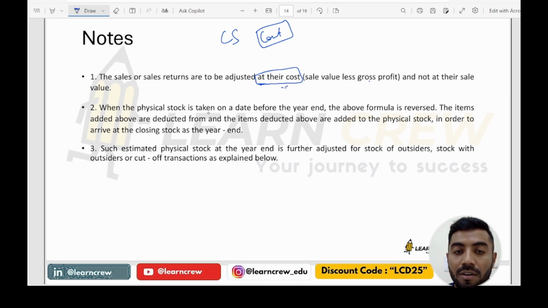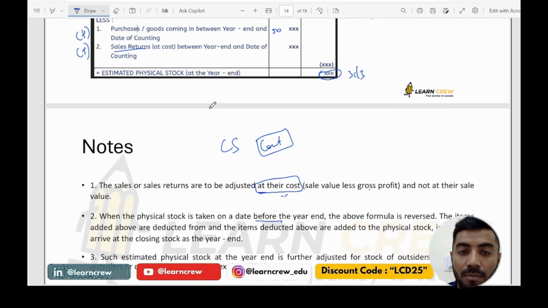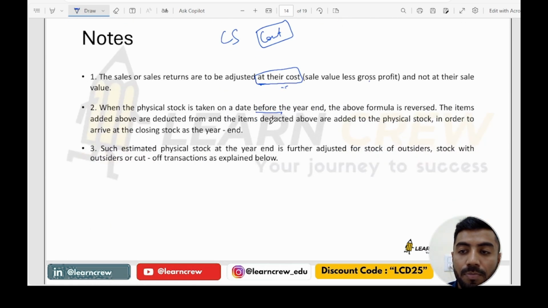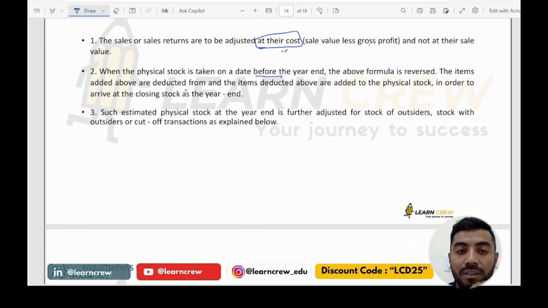When the physical stock is taken on a date before the year end, the above formula is reversed. Same thing we discussed. When physical stock is taken before the year end, the above formula is to be reversed. Above formula as in this formula. Whatever the plus and minus is there, we have to reverse that. The items added above are deducted from, and the items deducted above are added to the physical stock in order to arrive at the closing stock at the year end.